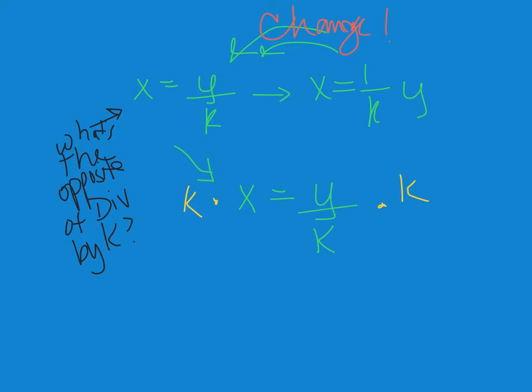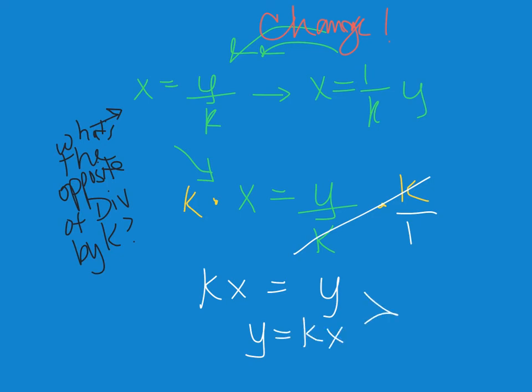So if I carry on the way I usually do, this has to go over 1. Those two will cancel. On this side, I'm left with y, and on this side, I'm left with kx. And you should know, an equation is an equation. Both sides are equal, so I can just reverse these. y equals kx, and they mean the same thing. Again, all the same.